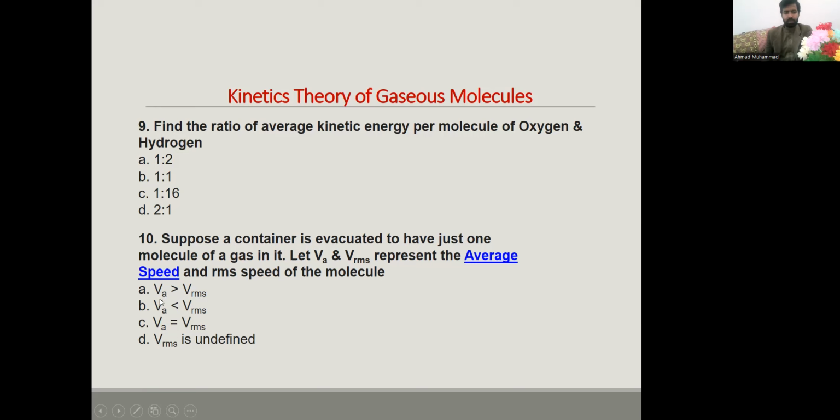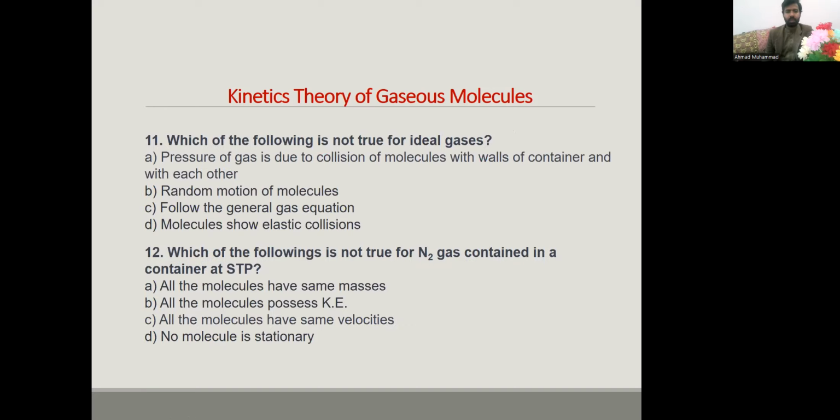Options: average velocity is greater than root mean square velocity, average velocity is less than root mean square velocity, average velocity is equal to the RMS, and D is RMS is undefined. So the right option from these four options is C. The average velocity is equal to the root mean square velocity of the gas molecule.